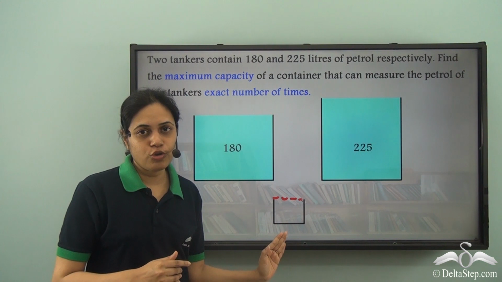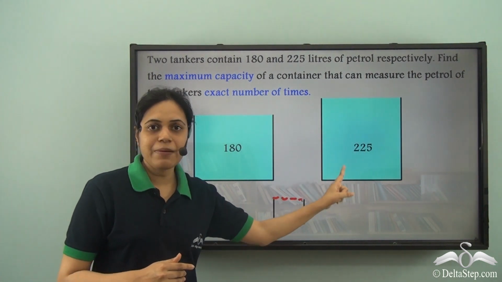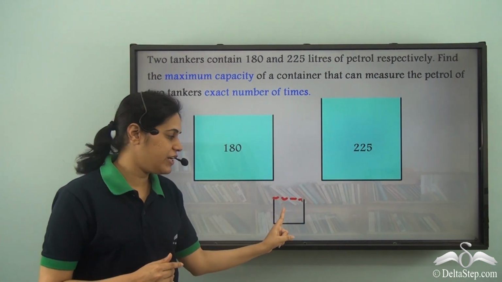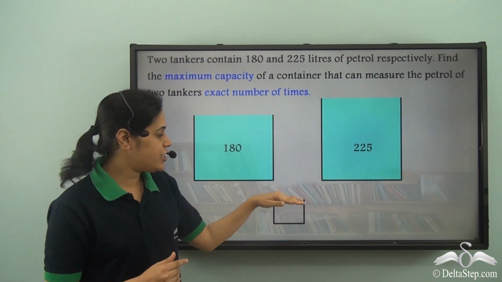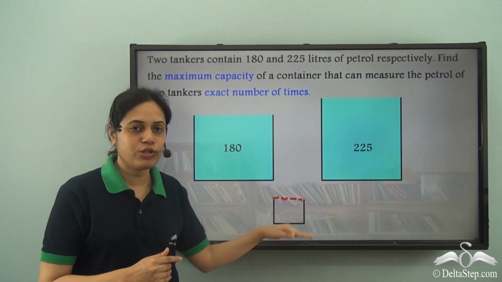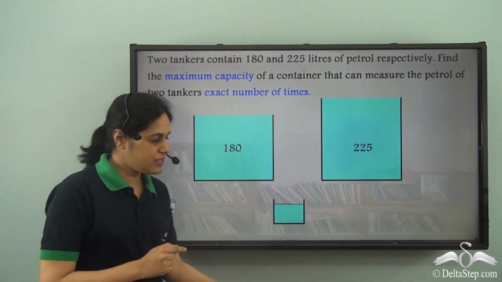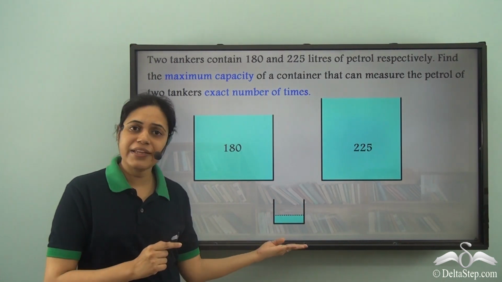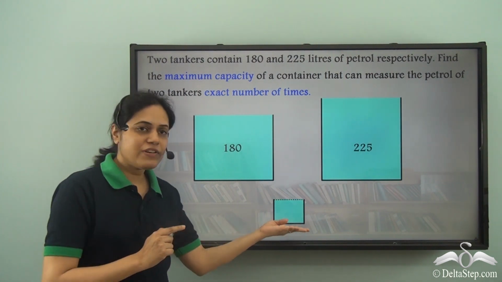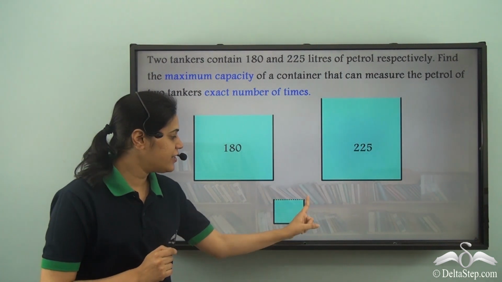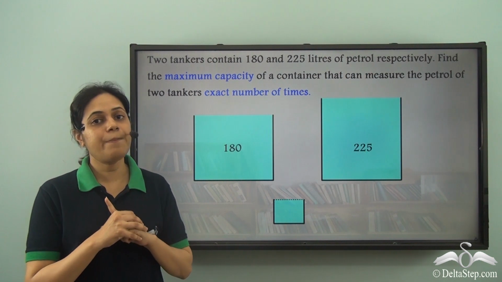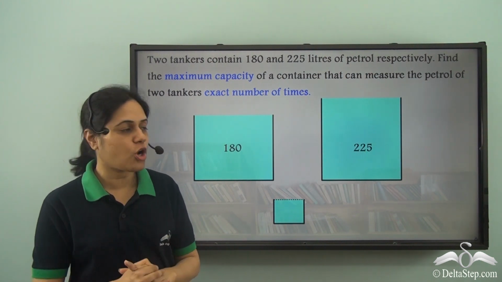If I continue to do it, the last time I have to pour this 225 into the container, it should again be filled up to the brim. So we will never have it like this or like this. We'll always have it like this, filled up to the brim or up to the top.